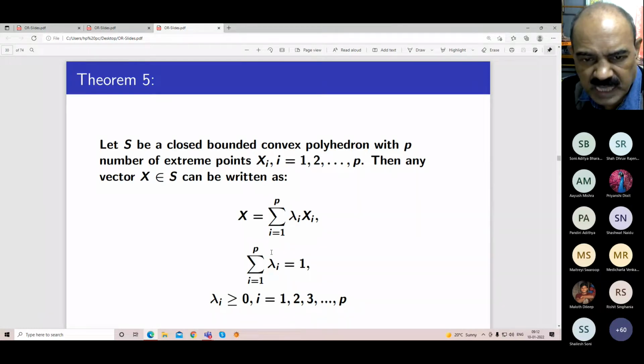Earlier we discussed this for 2 points. Now we are talking about n points, because S is a closed bounded convex polyhedron with p number of extreme points.